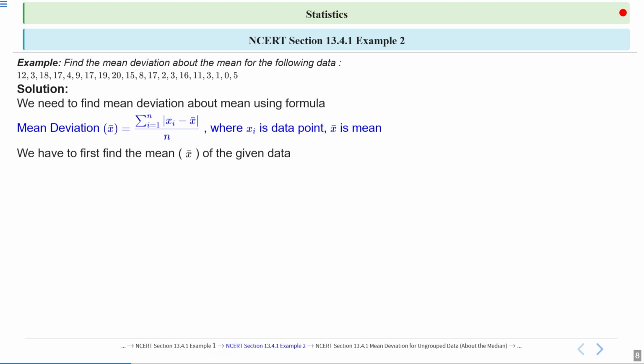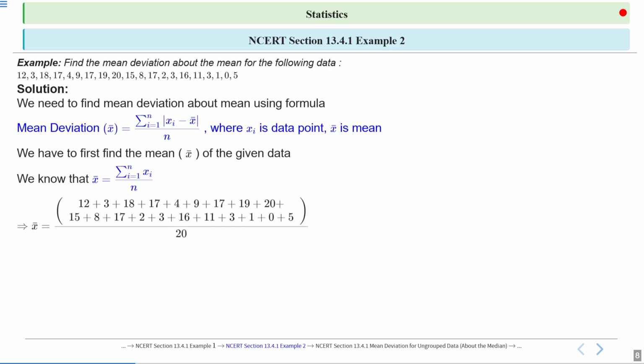First we have to find the mean x bar of the given data. We know that x bar equals the summation i equal to 1 to n of xi upon n. Now put in the values from the data set: 12, 3, 18 and so on.